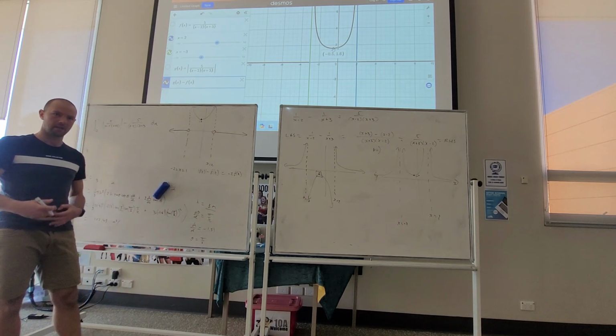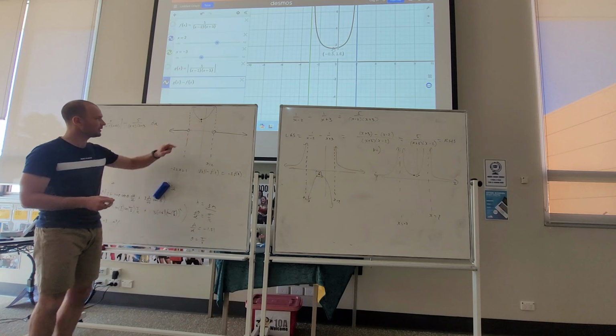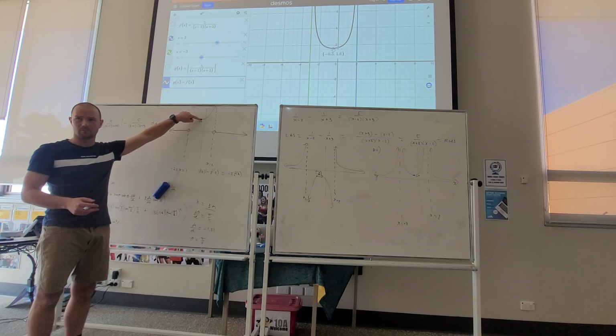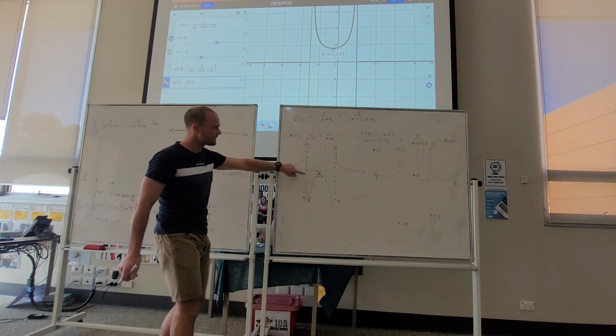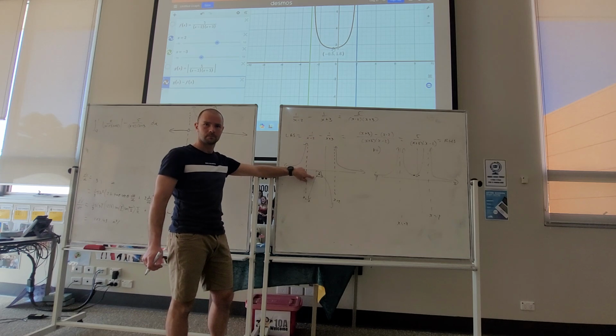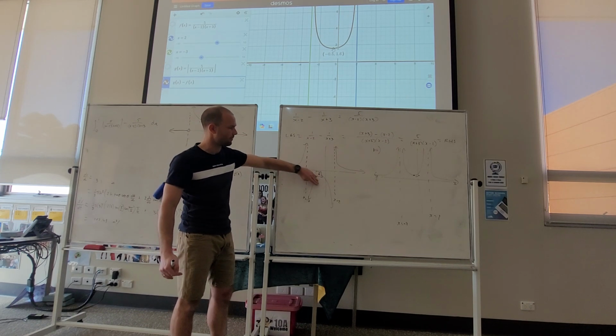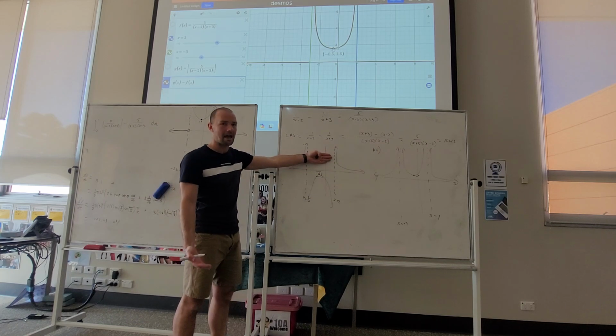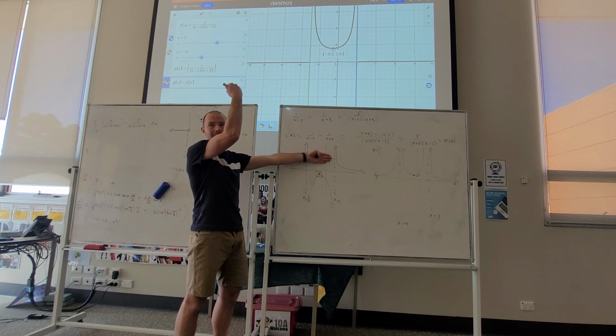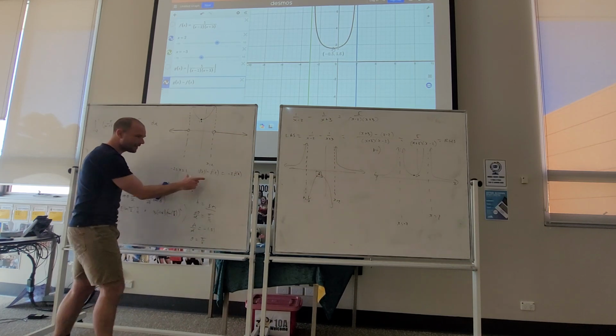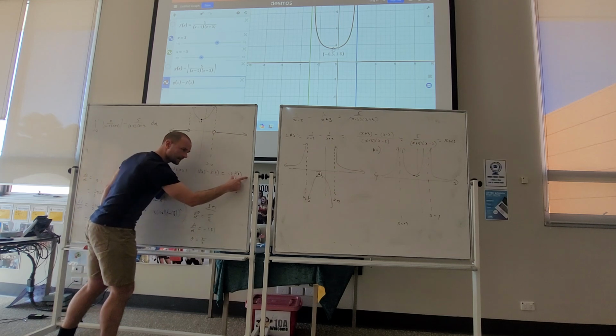Let's explain why. If we look here, we've got 1.6 as the y value. Here was the original function. So if we go minus 2 times minus 0.8, that's going to flip it and provide it with that dilation factor. So what we're going to do then is perform this substitution.